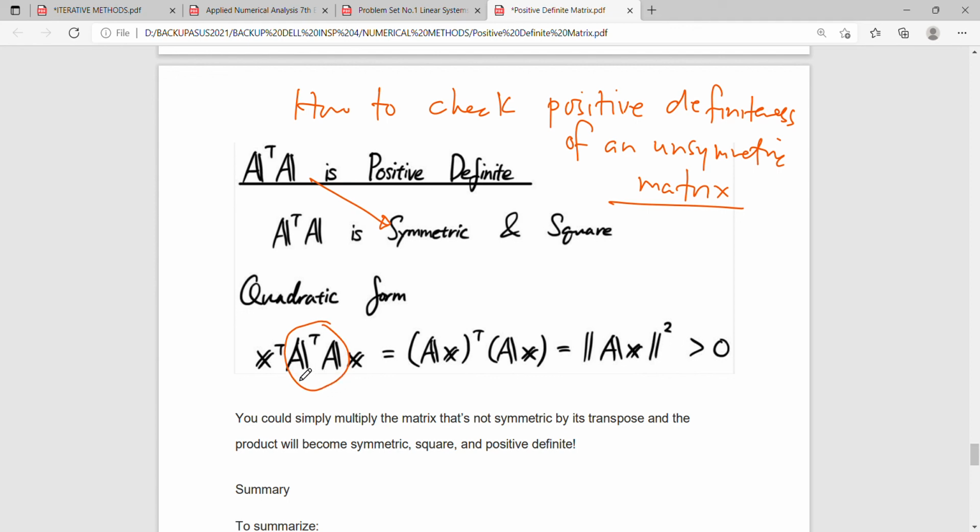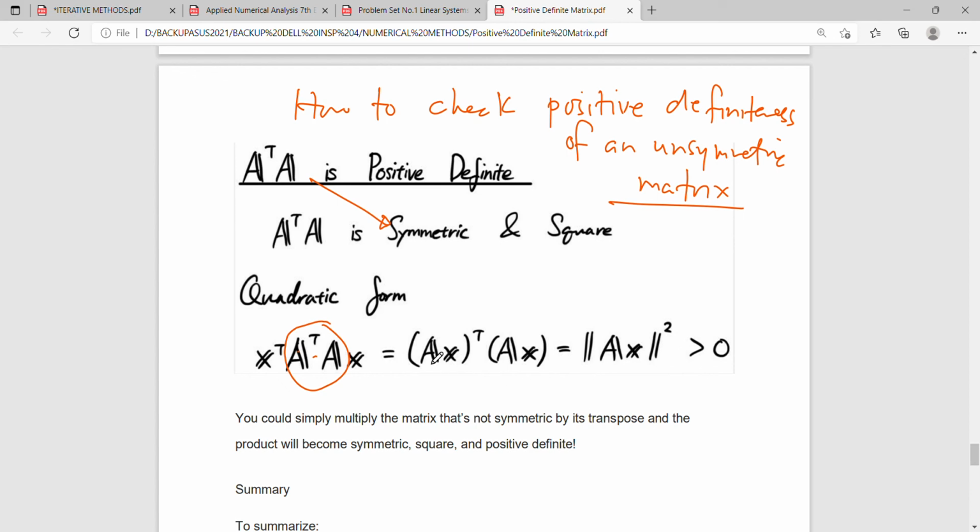Originally, the quadratic form is X transpose AX. This time, it will be X transpose of this value A transpose A. And then, by using a property of matrix multiplication, we can actually distribute or mix up this operation into this. AX transpose AX is simply the square of this value. Okay?